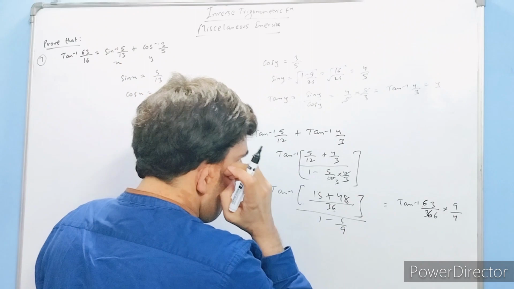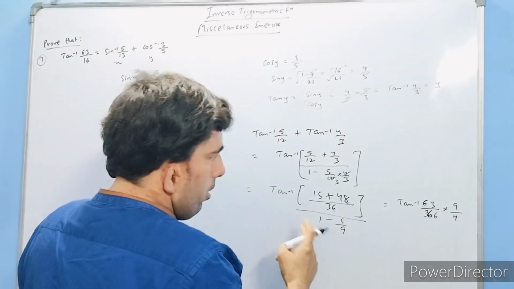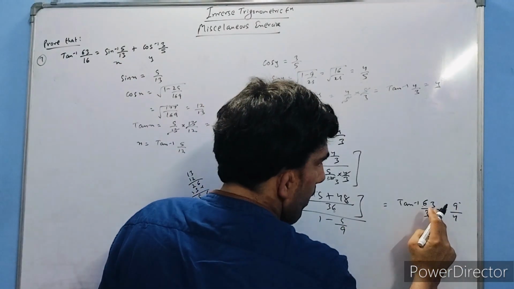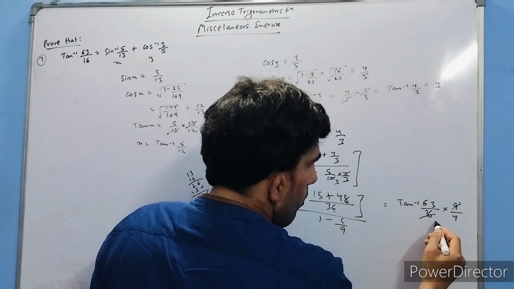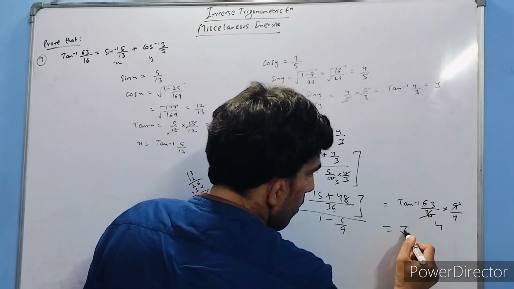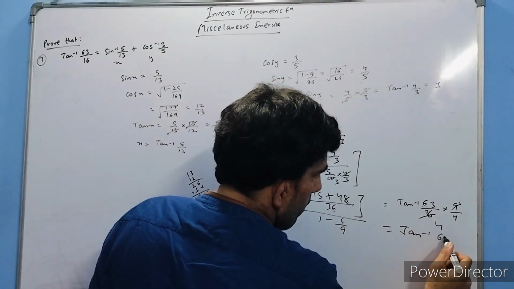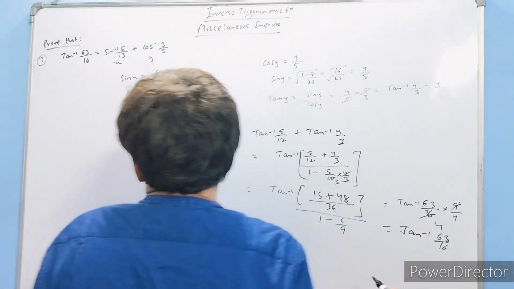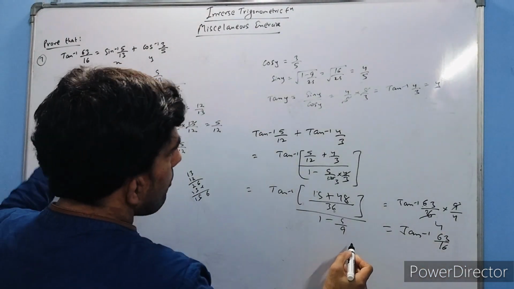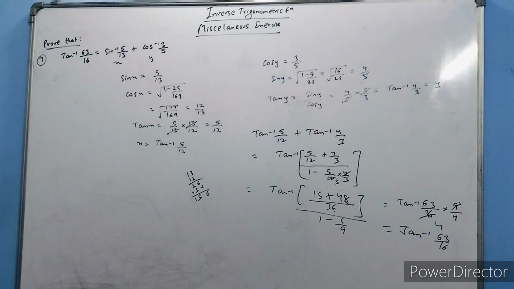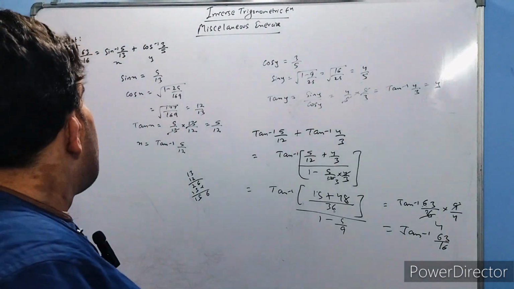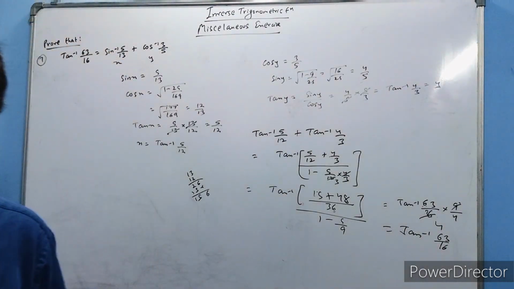Okay, so now I have, right? So now I can solve this. So I got tan inverse 63 upon 16, which is required. Okay, so that is how we try to prove such kind of numericals.